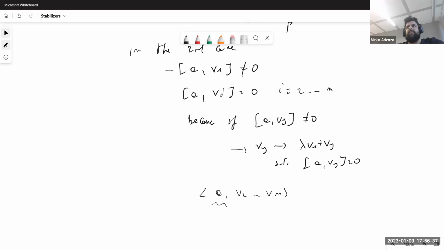Yeah, and you need n vectors to describe a stabilizer state. If it happens that the other ones don't commute, I have this V1 there as well. If the other ones do not commute, you do this transformation here. You just update in a fancy way your other non-commuting vectors so that they will commute. Is it like symplectic Gram-Schmidt or something like this?